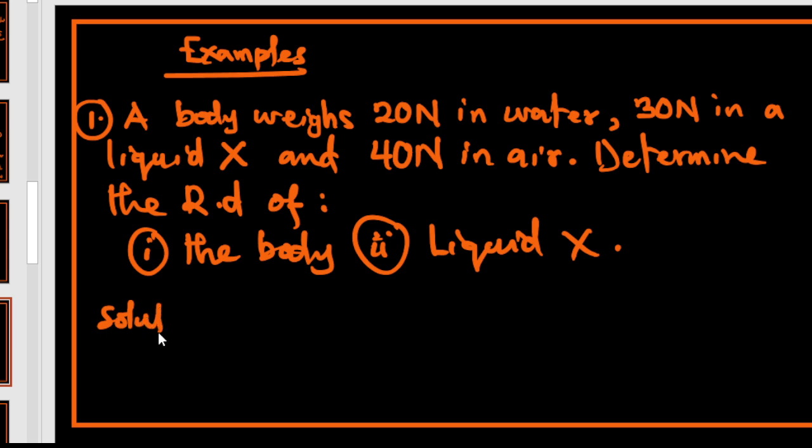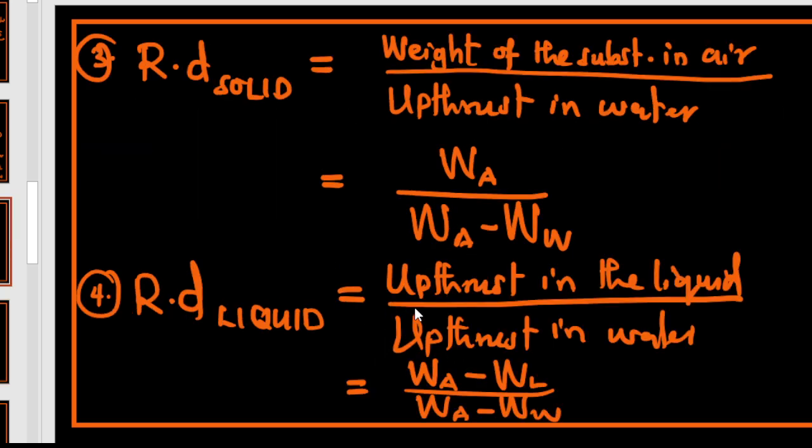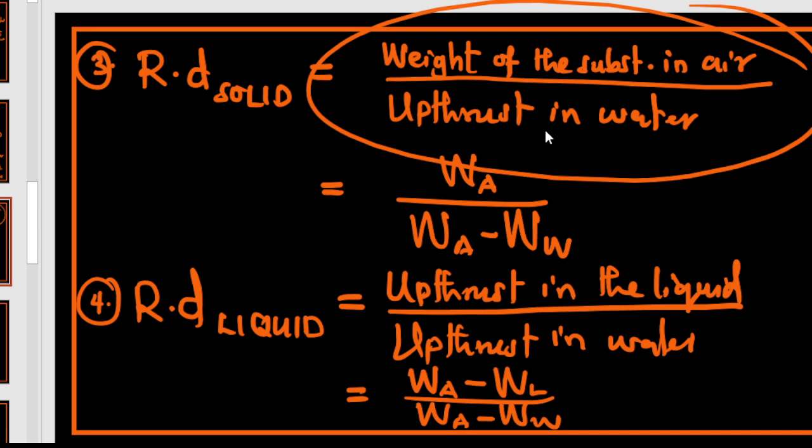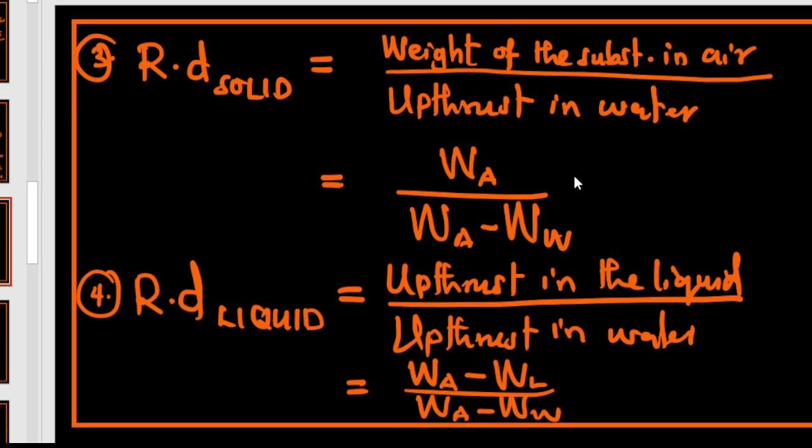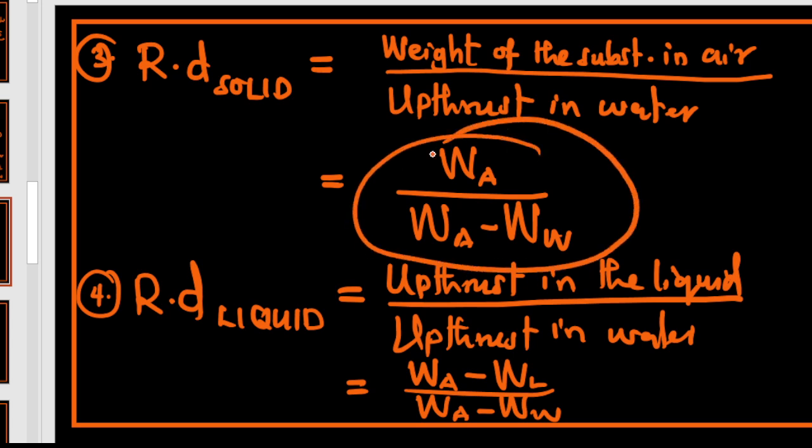So the shortcut here is to use that formula. RD of a solid substance is equal to weight in air over upthrust in water. This is exactly what you have here. So which means we can write it as WA over WA minus WW.